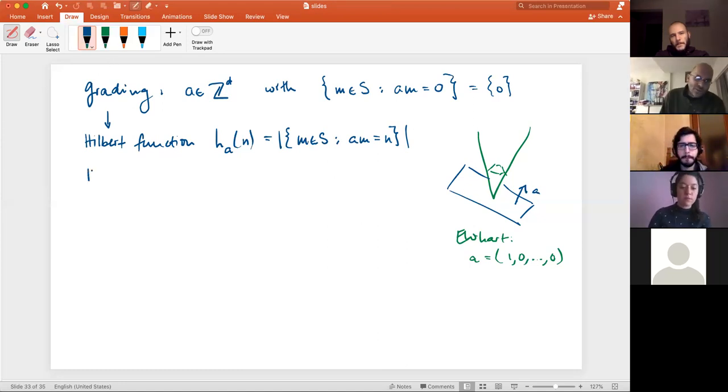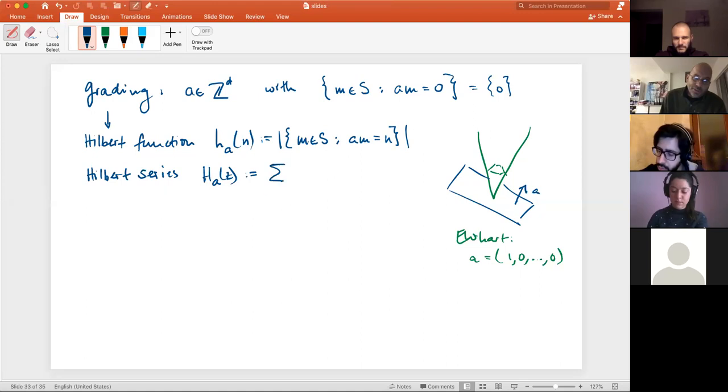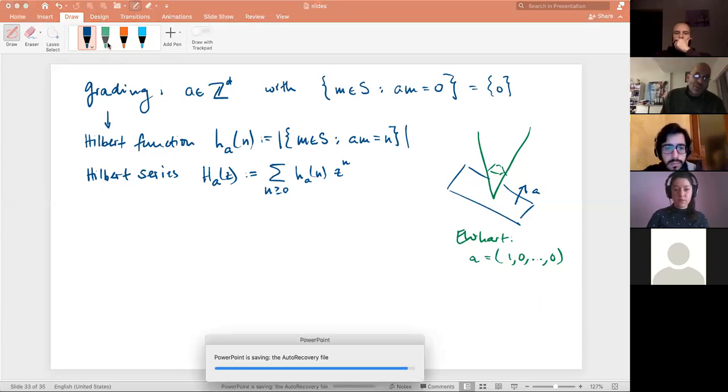And then for this, you can compute the Hilbert series, which is the generating function. Let's give it a name, capital A. So this is now a single variable generating function, and this is a special evaluation of what we did before.